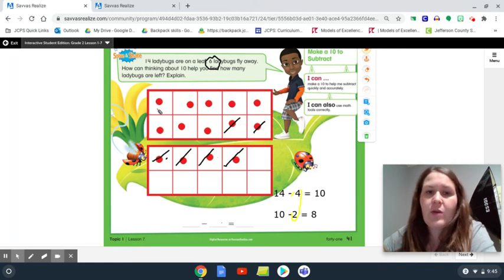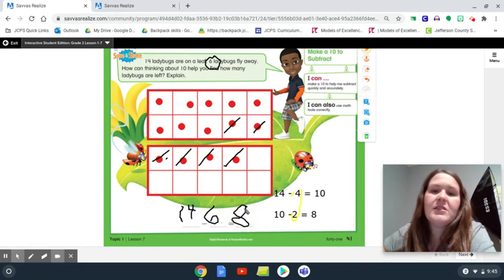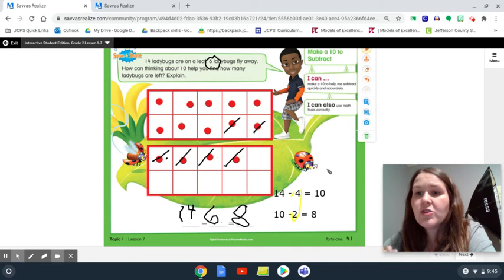And I've got 1, 2, 3, 4, 5, 6, 7, 8 left. So our equation would be 14 minus 6 equals 8. There we go. So you do what's easier for you. I know 10 frames are a great thing to use in having a picture.